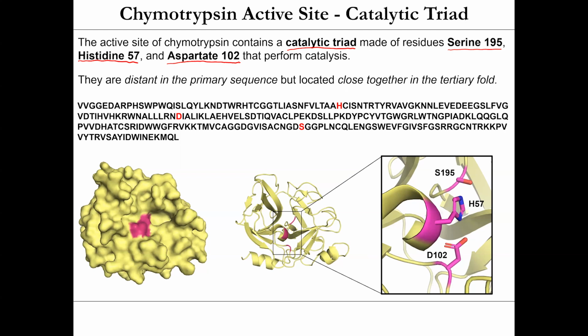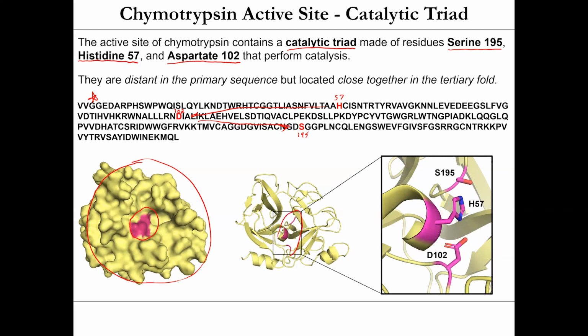Here is the actual primary sequence of chymotrypsin. You can see histidine 57 here, aspartate 102 here, and then serine 195 here. They're far apart in the primary sequence, but when the protein folds into this globular shape, you can see the active site is shown here in red.